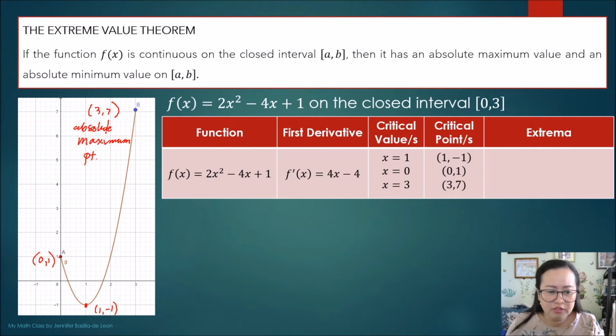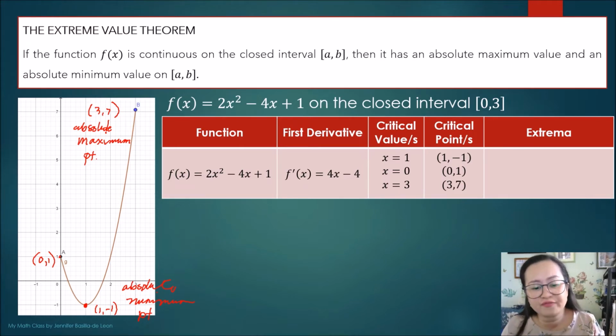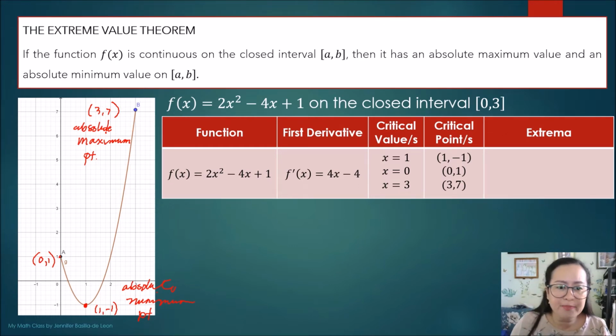Now, here we have (1, -1). Since it's the lowest, then we can say it's the absolute minimum point, since it's the lowest point on the graph. So therefore, at x equals 1, we can find the absolute minimum value of the function.